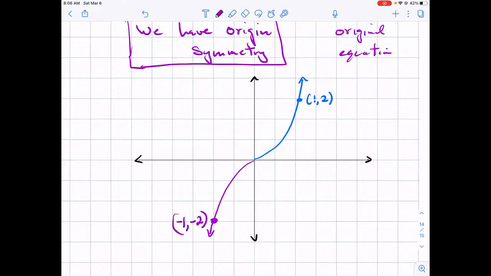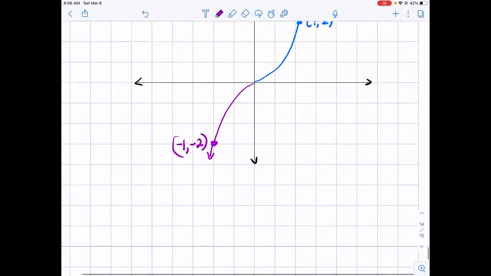So notice that they are a reflection in the origin, like a mirror. That's where it helps.